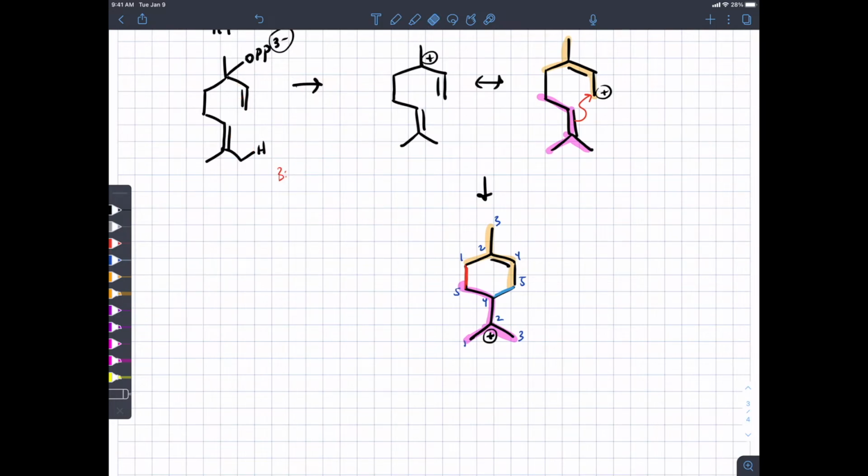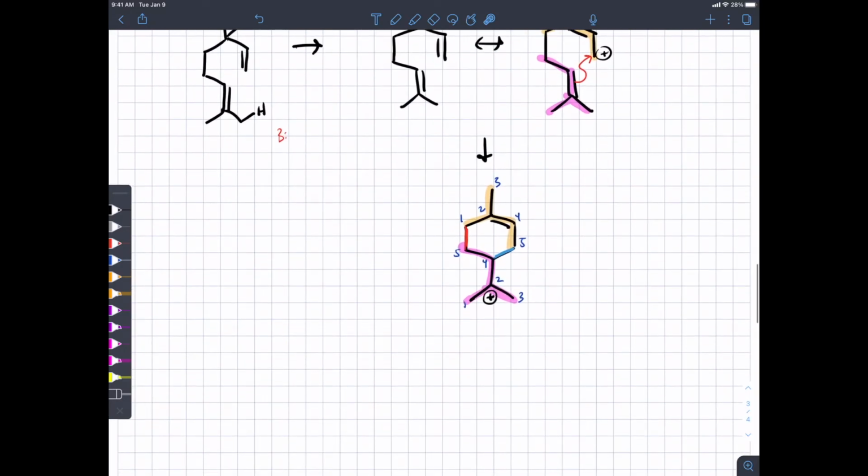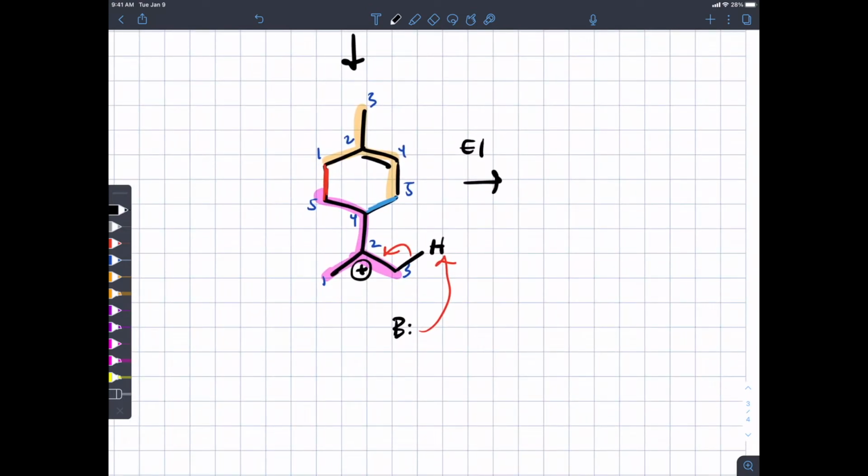But there is evidence for this intermediate, and I'll show you what that evidence is in just a little bit. But you're absolutely right that once you get here to this carbocation, the final step to limonene is an E1 type reaction where some base removes this proton and we create a double bond. At that stage, carbons 1 and 3 are identical, so it doesn't matter which one we deprotonate, and that will get us to our limonene product.